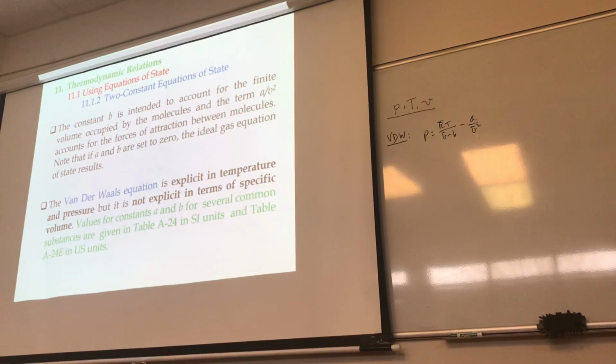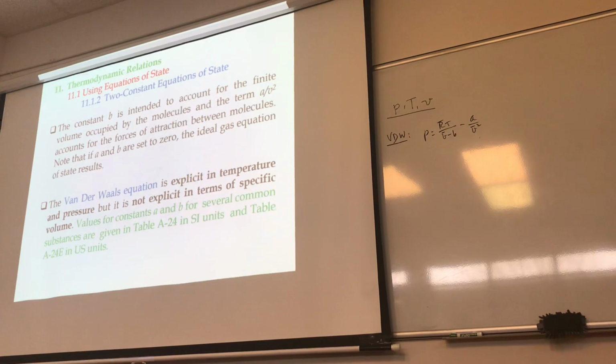It shows for different substances, for example, for air, the value of A and what is the value for B. For air, A is 1.368, and B is 0.0367, and so forth, okay?